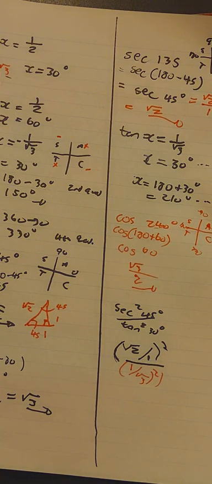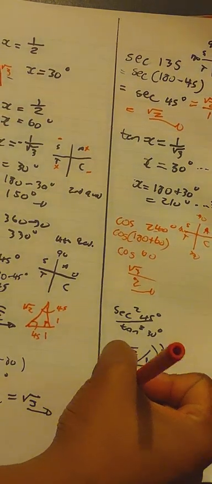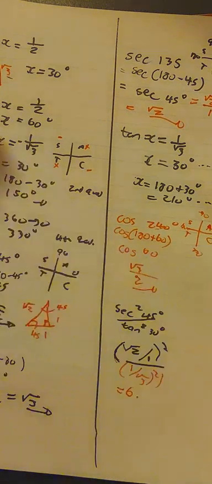Square root of 2 over 1, squared, divided by 1 over square root of 3, squared. My answer is 6. The answer would be equal to 6.